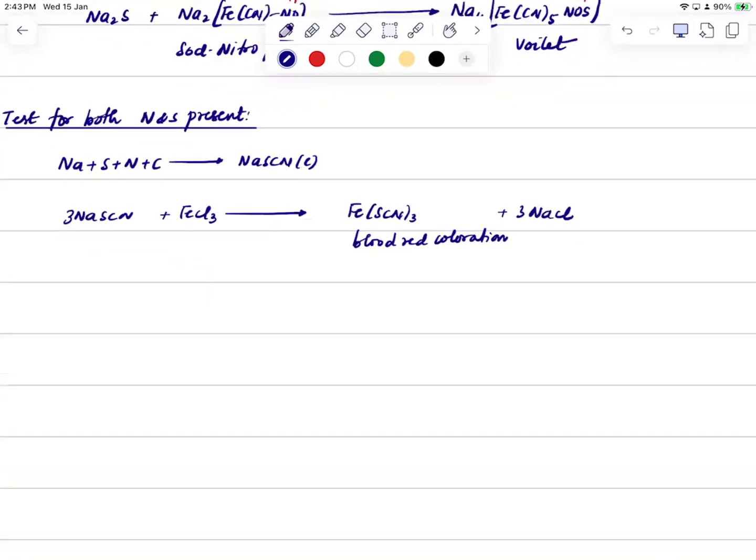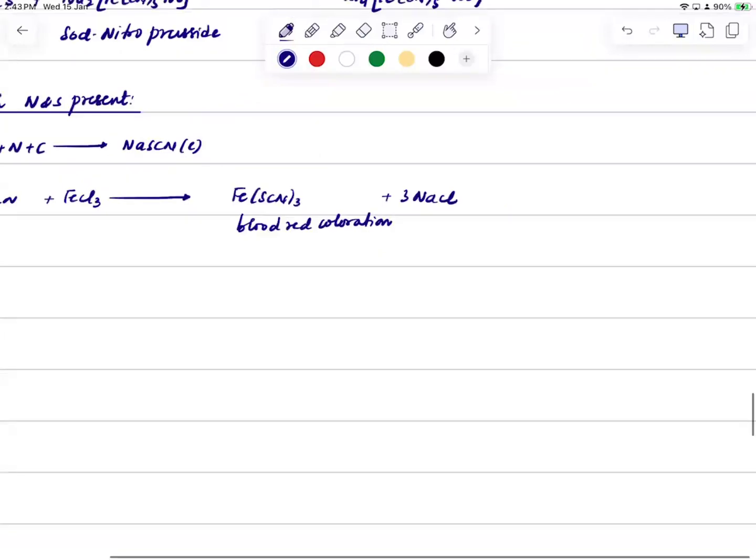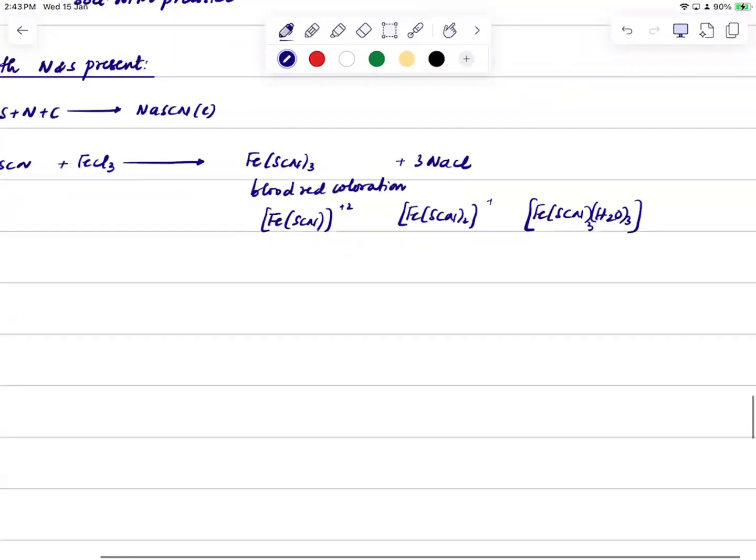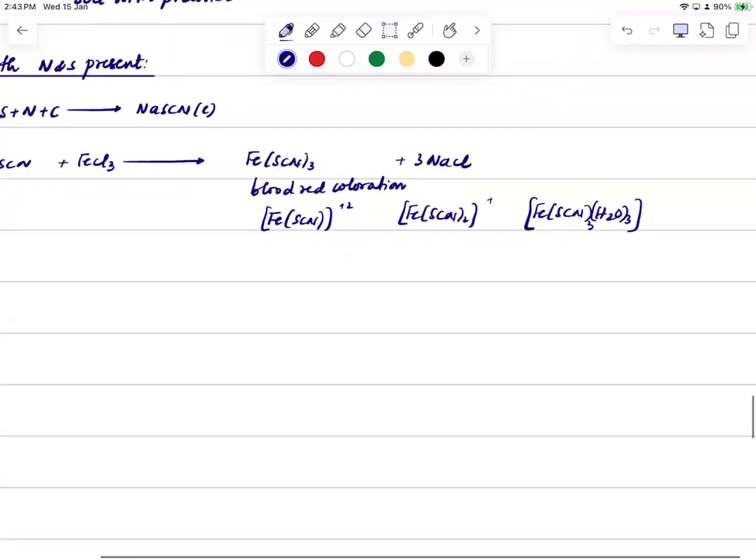The coloration part can be expressed in many different complex forms. That is [Fe(SCN)]2+, or [Fe(SCN)2]+, or Fe(SCN)3(H2O)3 and so on. So in any of the forms, it always appears red, blood red color.